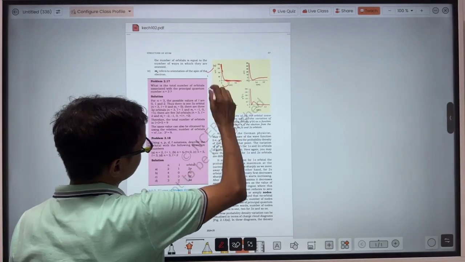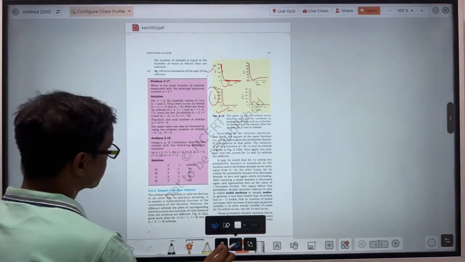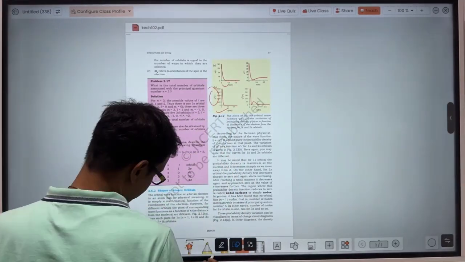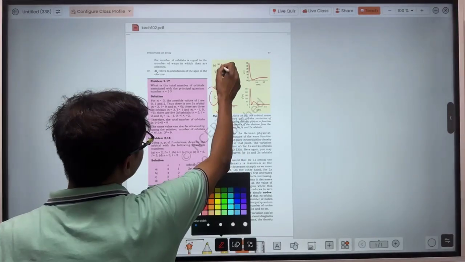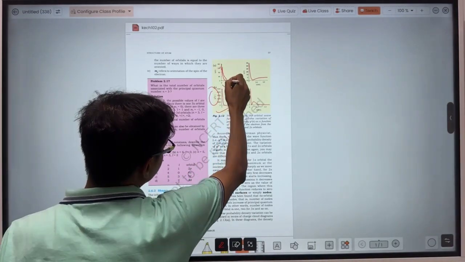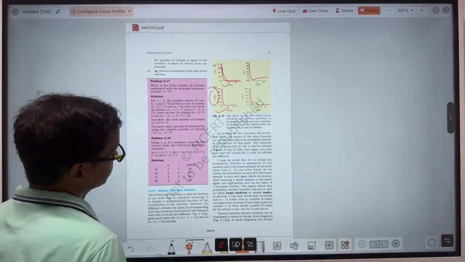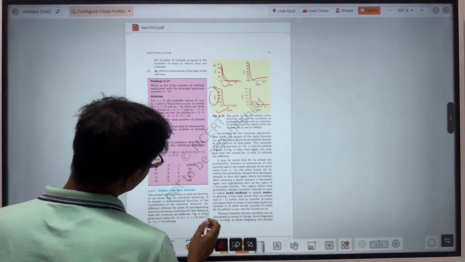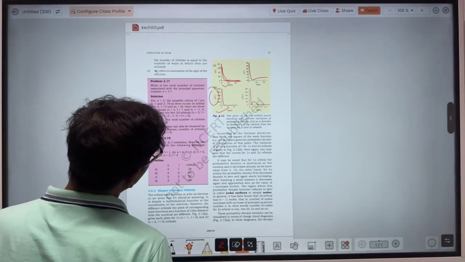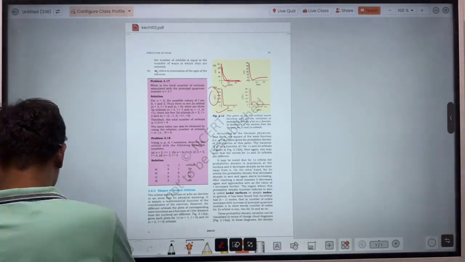So the probability of finding the electron will be maximum at a certain distance, and then after that it decreases and becomes 0. As the distance increases, the probability of finding the electron will be 0.